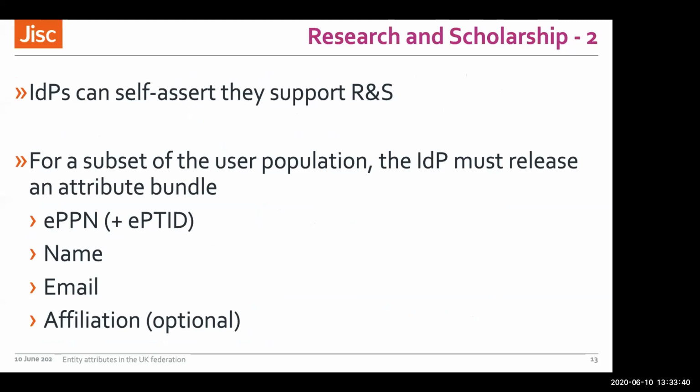And name and email, I hope, are uncontentious. That seems to be the amount of information one would release if one was sending an email to a service provider saying, can I have a login here? By having name and email asserted by the IDP, that also provides a certain amount of assurance that these are name and email addresses associated with that account.